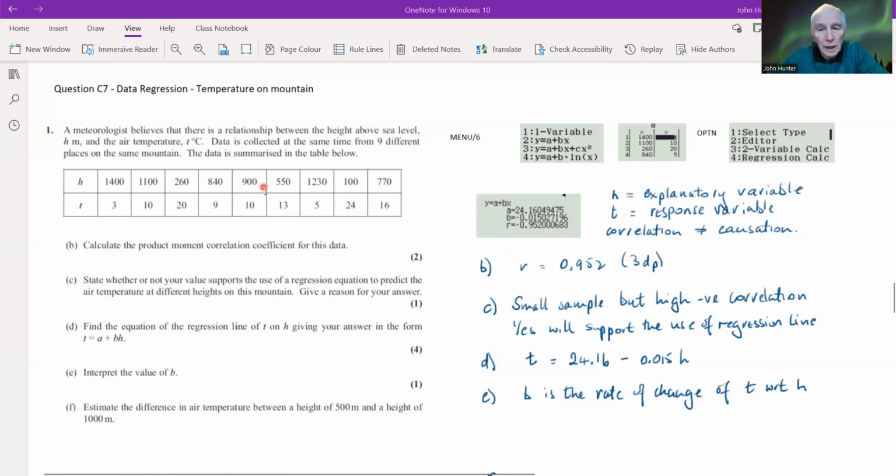To do that, we get our calculator, and if we go through these functions, I'm not going to do it here in this video. Menu 6, so we get this option up here. If we then choose 2, this is the linear.